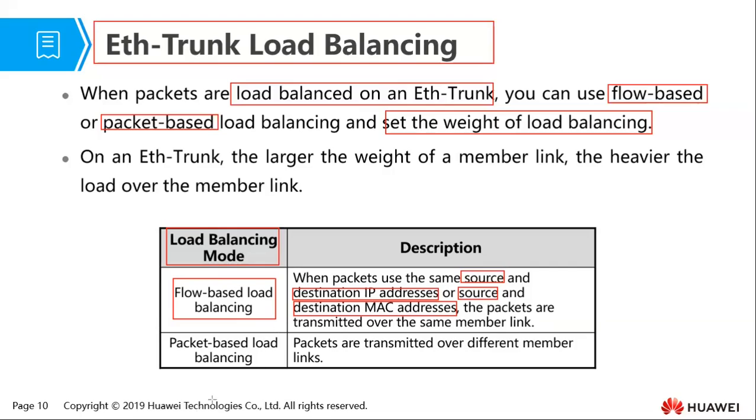So that is what we call flow-based load balancing. Then we have packet-based. In packet-based, the packets are simply transmitted over different member links, irrespective of whether they are in a data flow. So packets, even from the same data flow, will be forwarded over different member links.